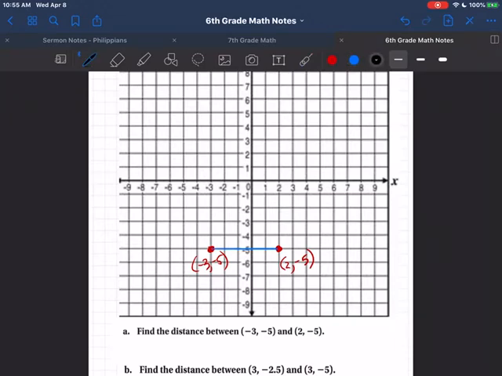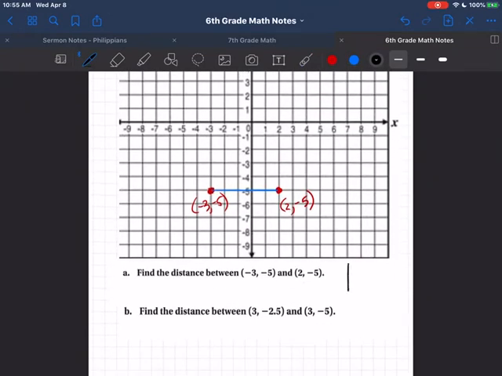The way that works always is the absolute value of the difference of the two numbers. That works every time. So if I take -3 and subtract 2, I get -5, and take the absolute value. Maybe that's more of a 7th grade idea.